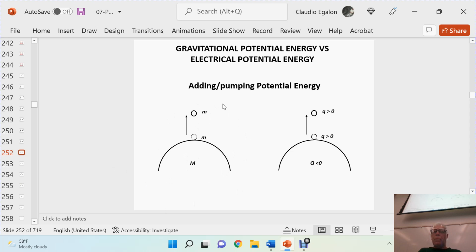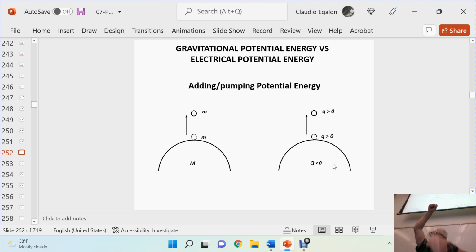Make sense? The same thing can be said about the electric potential energy. Let's say we have this negative charge that's big and a smaller positive charge that's a given distance from this negative charge. Okay? Big charge here, negative charge here, smaller charge here.